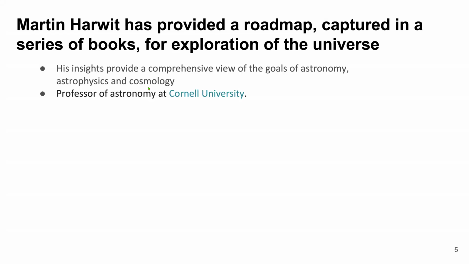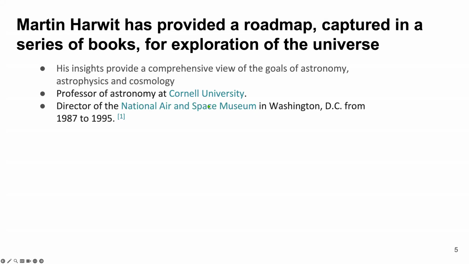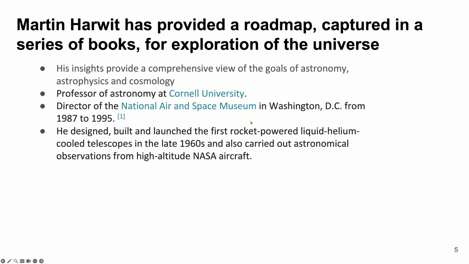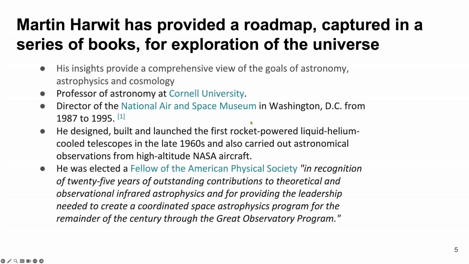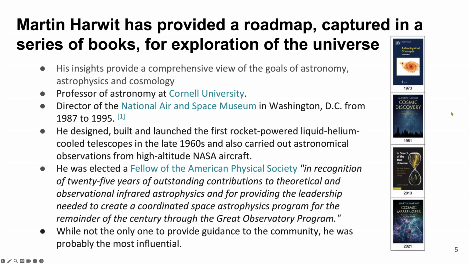He's written a series of books. For a long time, he was a professor of astronomy at Cornell and then left Cornell to become the director of the National Air and Space Museum for a period of time, and was a real scientist, and in the process produced these books that gave astronomers a roadmap for exploration.